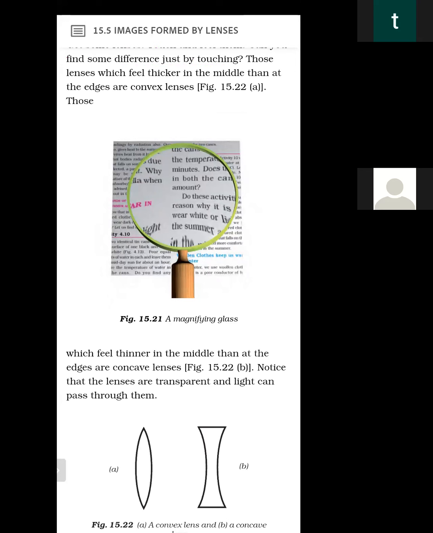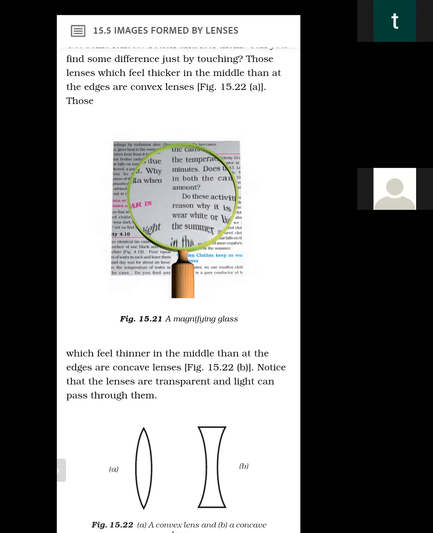Look at figure 15.22. A is a convex lens, B is a concave lens. A convex lens is thicker in the middle and thinner at the edges. A concave lens is thinner in the middle, thicker at the edges.